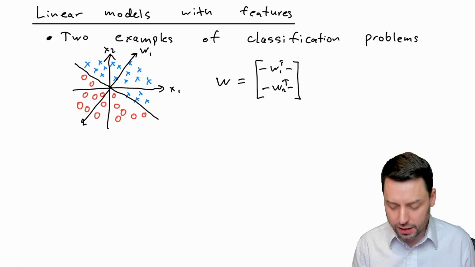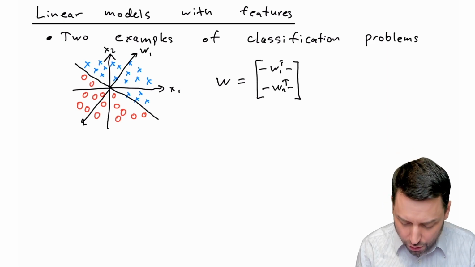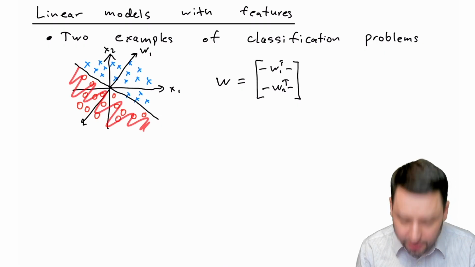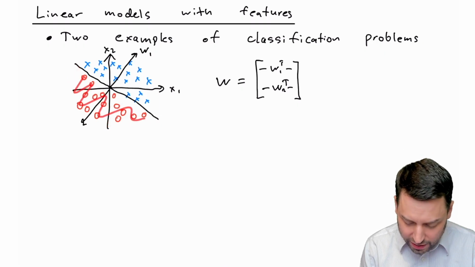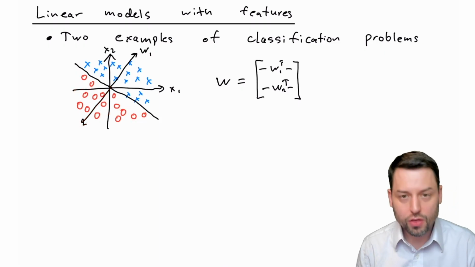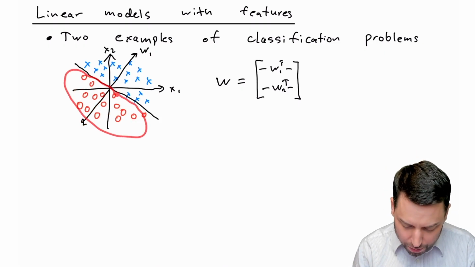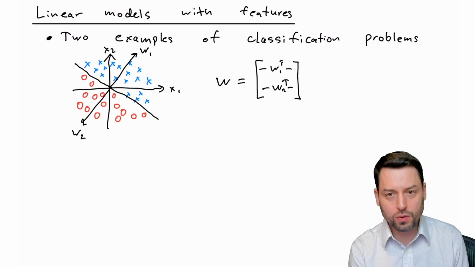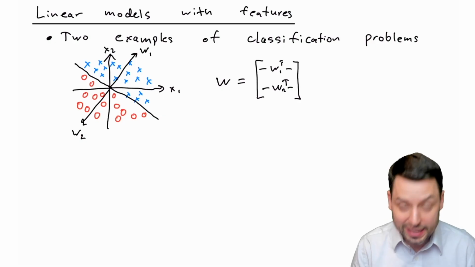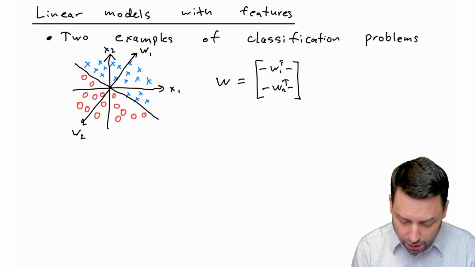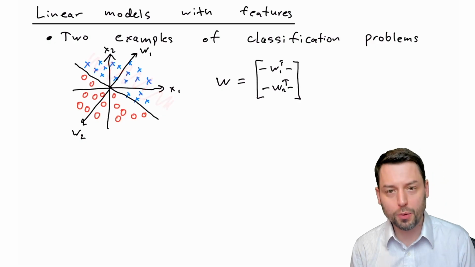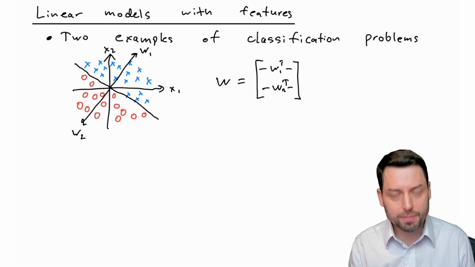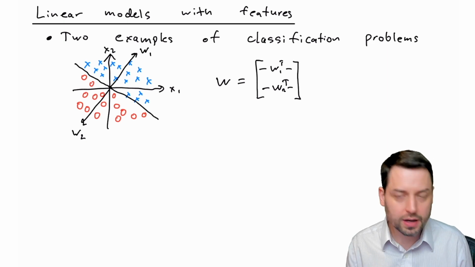And it should be fairly clear that if I take the inner product of any point on this half of the space here, those points down here will be more aligned with W2, or they'll have a higher inner product with W2 than with W1, and so they'll be classified as one class. Similarly, all these points up here will have a higher inner product with W1 than with W2, and so they will be classified as class 1 under this classifier.